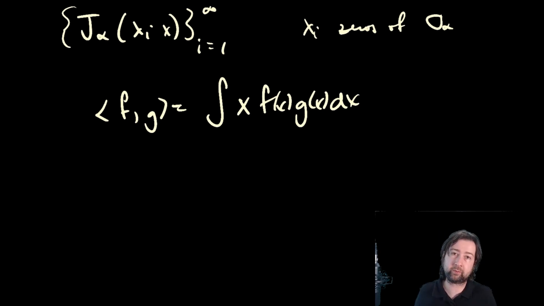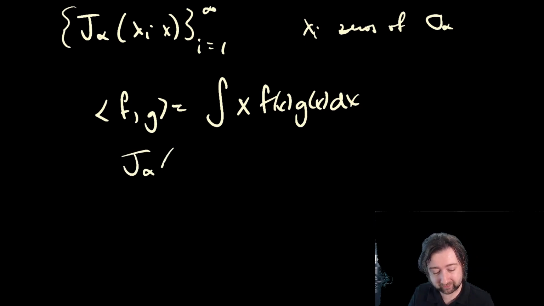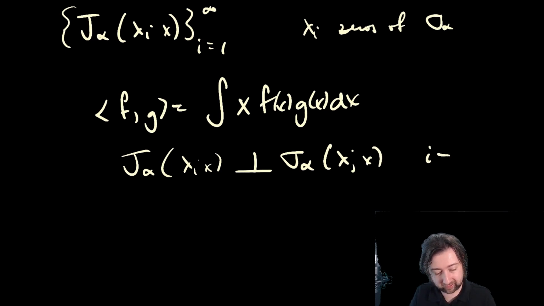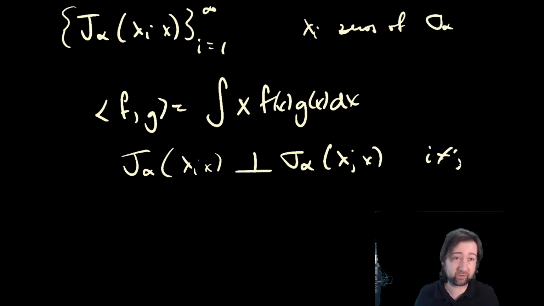So we start with this inner product, and the reason that we choose that inner product is because with this inner product, it turns out to be the case that every j alpha of lambda i x is orthogonal to every j alpha of lambda j x, as long as i and j aren't the same. Which is to say, these Bessel functions of the first kind of order alpha that have been modified with the zeros turn out to be an orthogonal system.